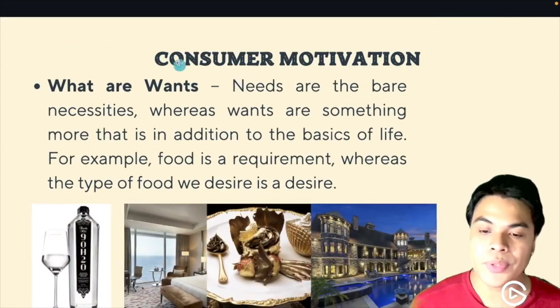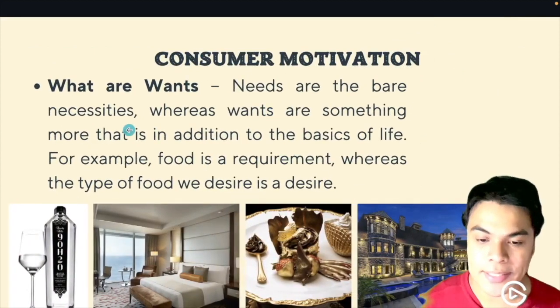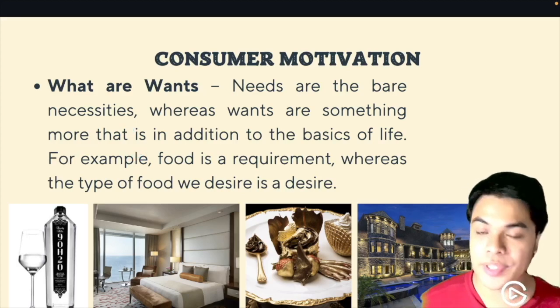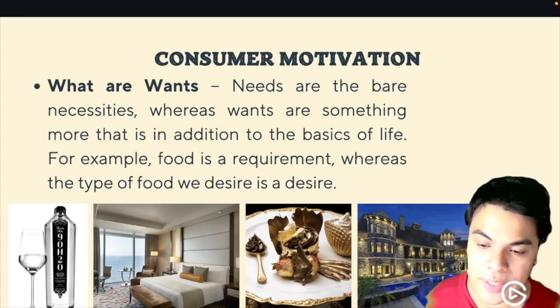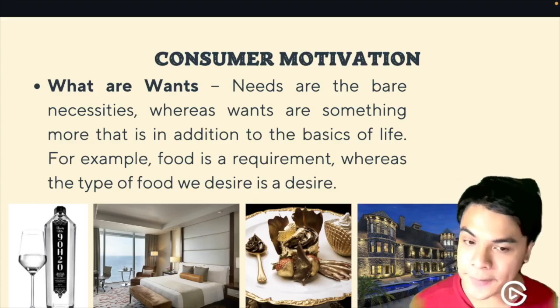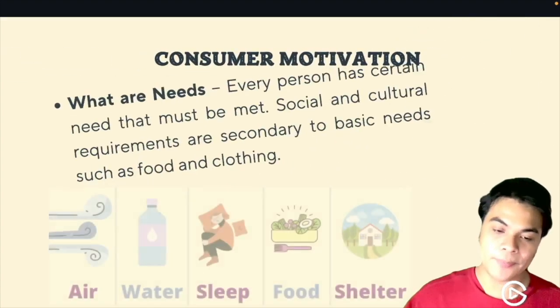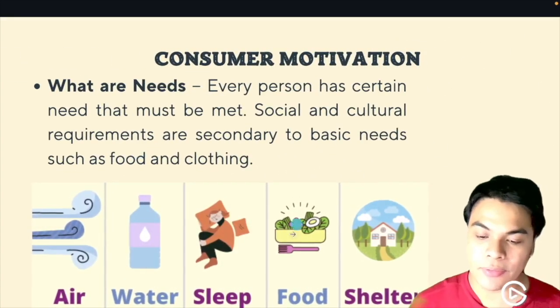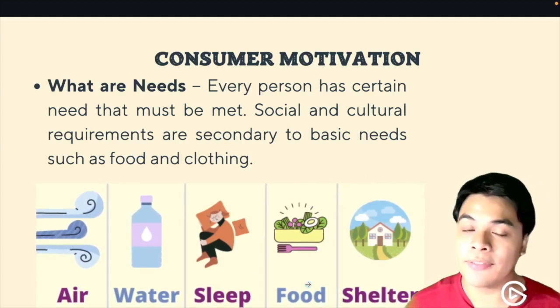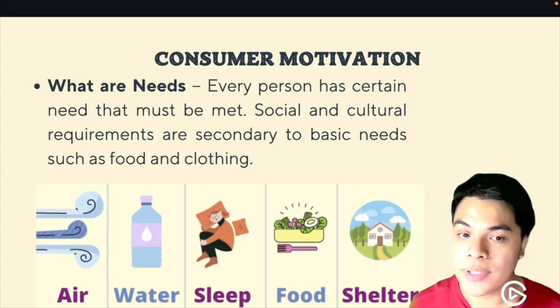How about wants? Needs are the bare necessities, whereas wants are something more than that, in addition to the basics of life. For example, food is a need, it is a requirement, while the type of food we desire is a want. When we say food, this is the basic need, so what are the different options for food?